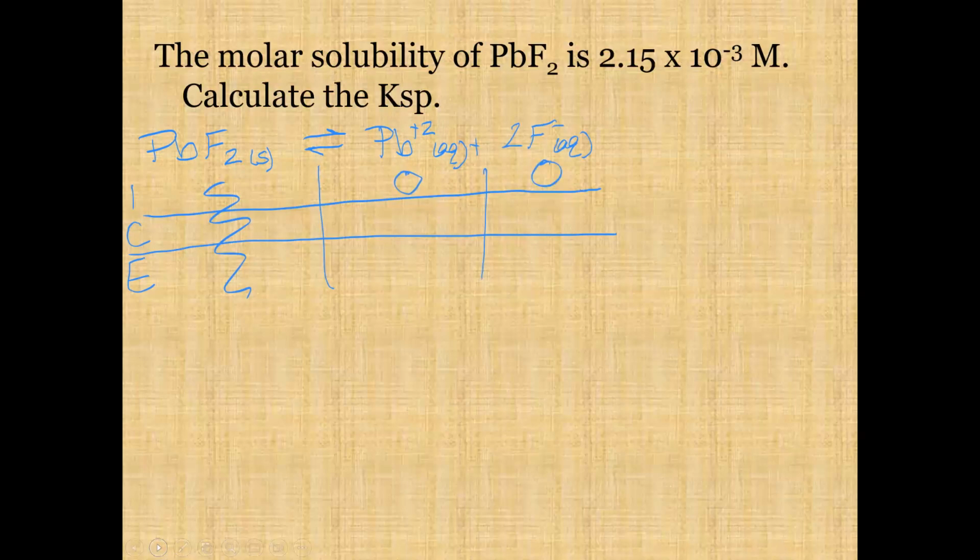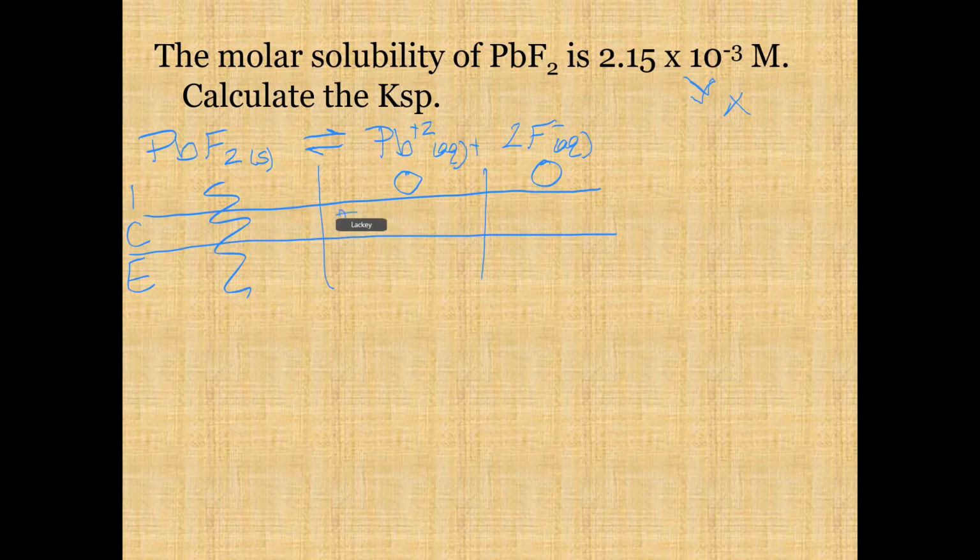And molar solubility is our X factor that we've used in other ICE tables. So that molar solubility value is our X factor that we've used in previous ICE table problems. That is going to go into our change step, just like we've had before.